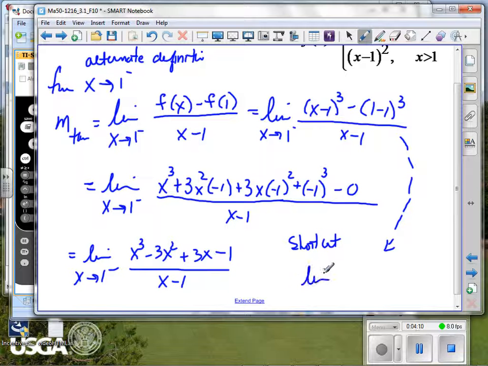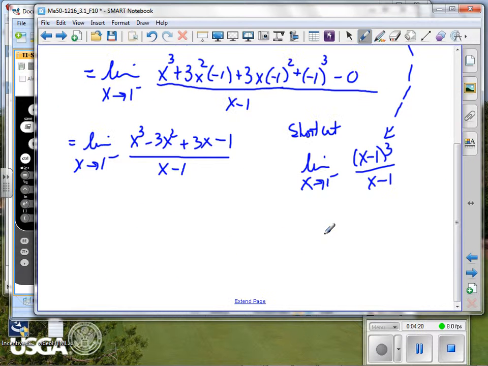So this is the shortcut. If I look at the limit as x approaches 1 from the less than 1 side, I have x minus 1 quantity cubed divided by x minus 1. Does that look a little easier? I would get to the same place because I could factor out an x minus 1, and what's left would be x minus 1 quantity squared.